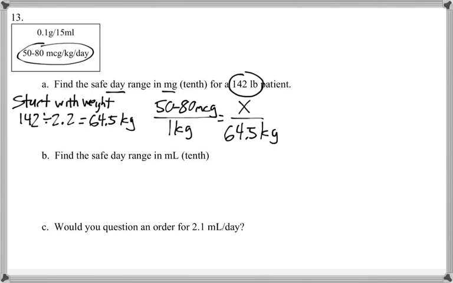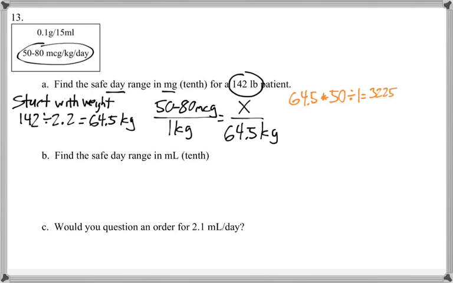Now, when you're running through a proportion with a range, you need to do it twice. So the first time I want to do 64.5 times the 50, so I'm ignoring the 80, and then divide by 1. And we get 3,225.